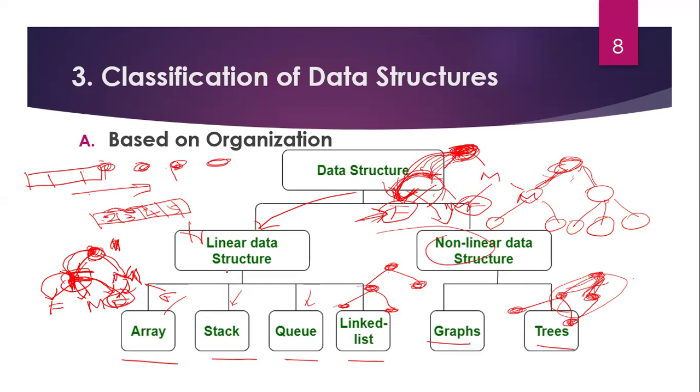In the past papers they have asked about these things, so you should remember them. The linear data structure examples are the array, the stack, queue, and the linked list. In the non-linear data structure, we can say graph and trees.